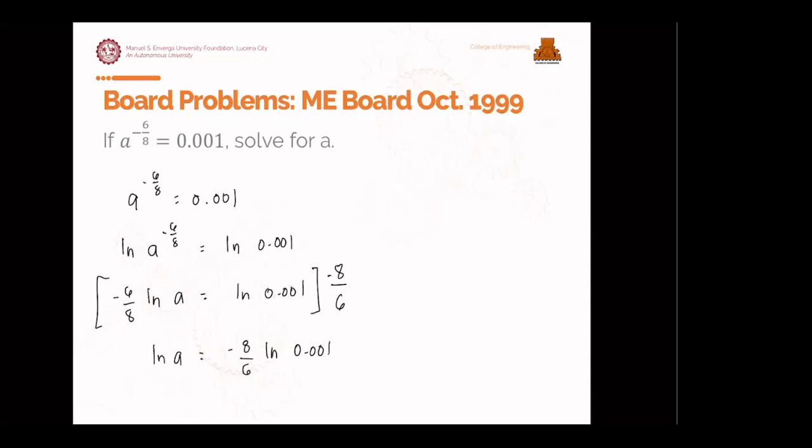Okay? The next is, since exponent ulit siya, what we can do here is ln of A is equals to negative 4 over 3, sinimplify ko lang, no? And then since coefficient siya, applying din ln 0.001.